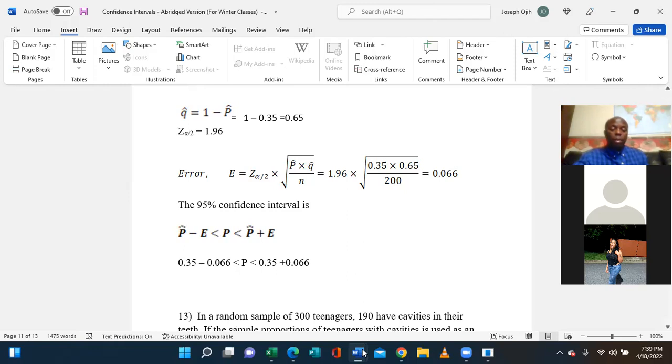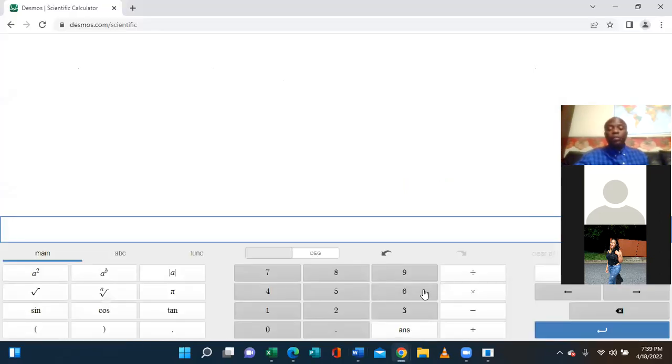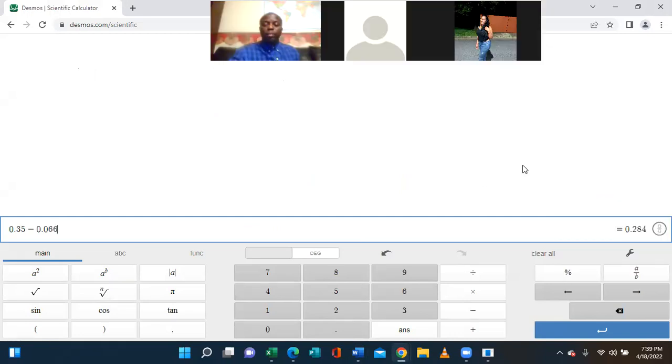We have 0.35 minus the error of 0.066, and this will give us the answer 0.284.